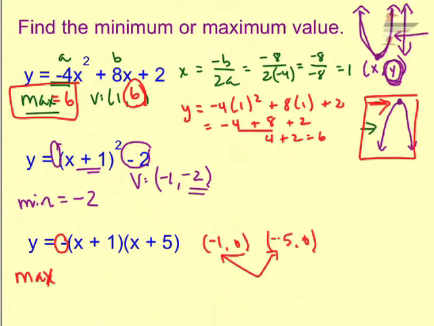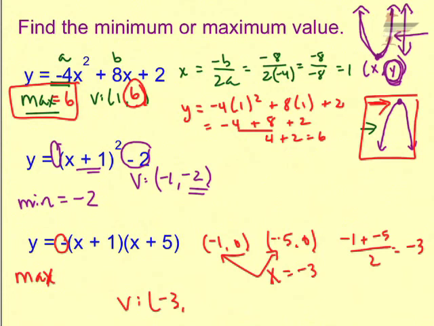So if I have a negative 1 and a negative 5, to find the halfway point I add those two and divide by 2. So negative 1 plus negative 5, and then cut it in half. We have negative 6 over 2, so negative 3 is our axis of symmetry, which means it's also our vertex's x value.